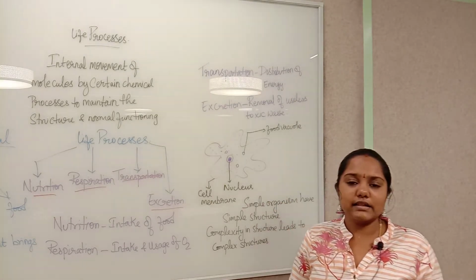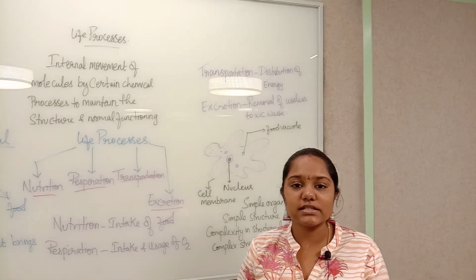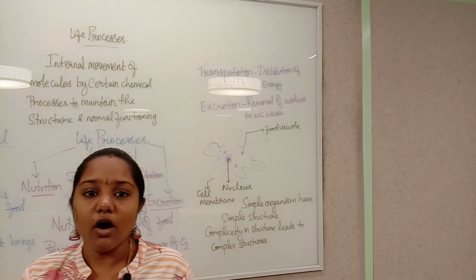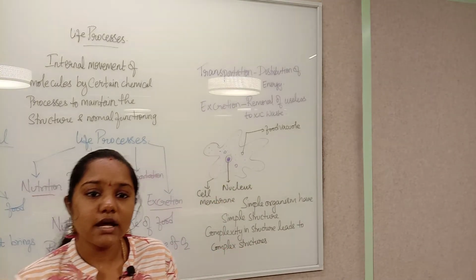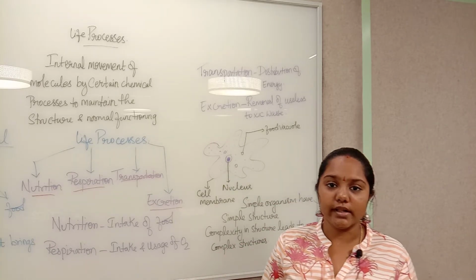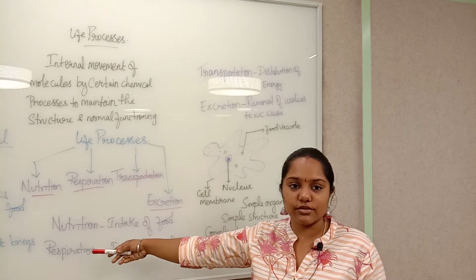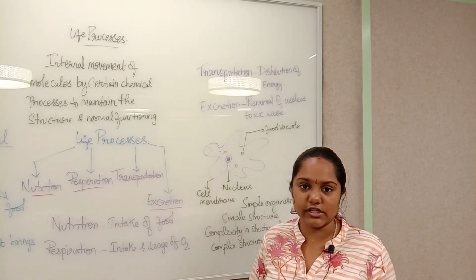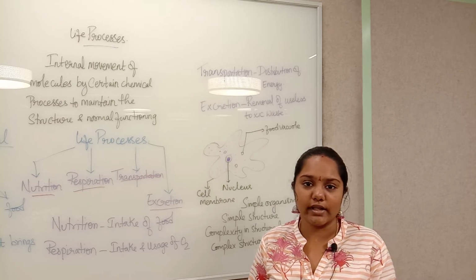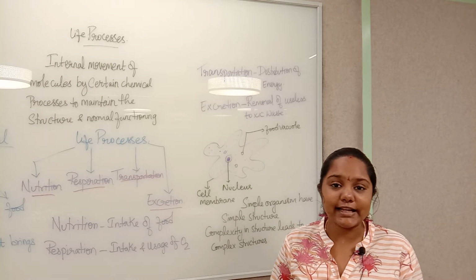Now, like I said, in the industries, along with the electricity, the smoke and the waste are also released. Exactly in the same way, all living organisms, when they are performing any process in their body, the first three processes like nutrition, respiration and transportation, obviously there will be production of some byproducts which are not only useless but are highly toxic.